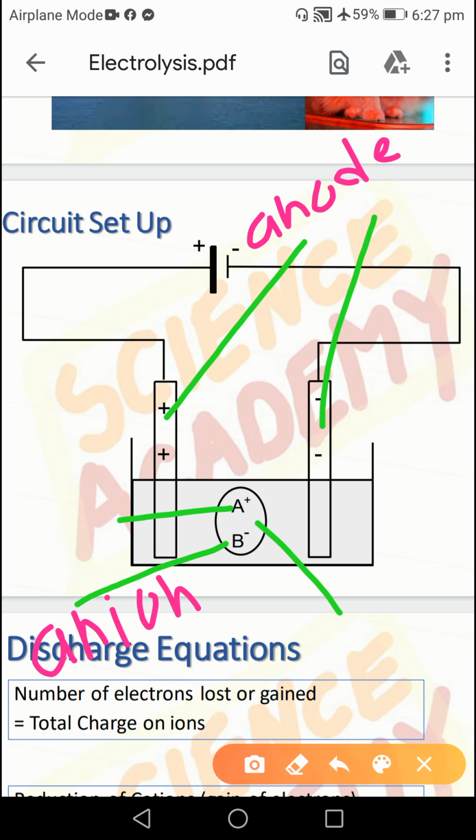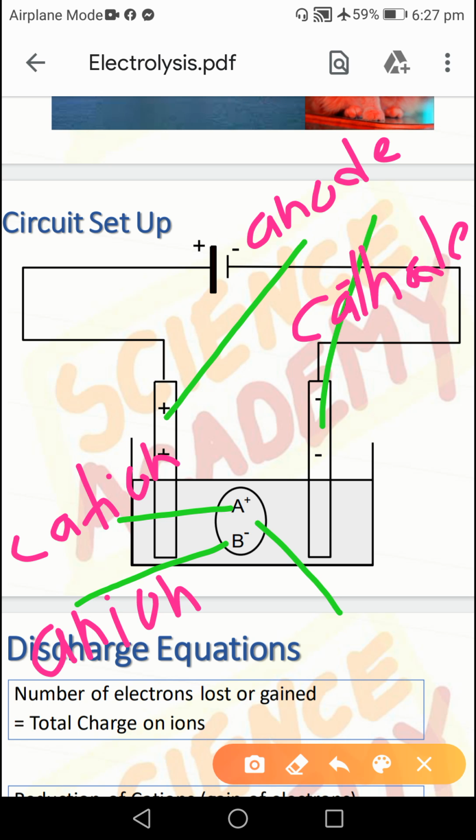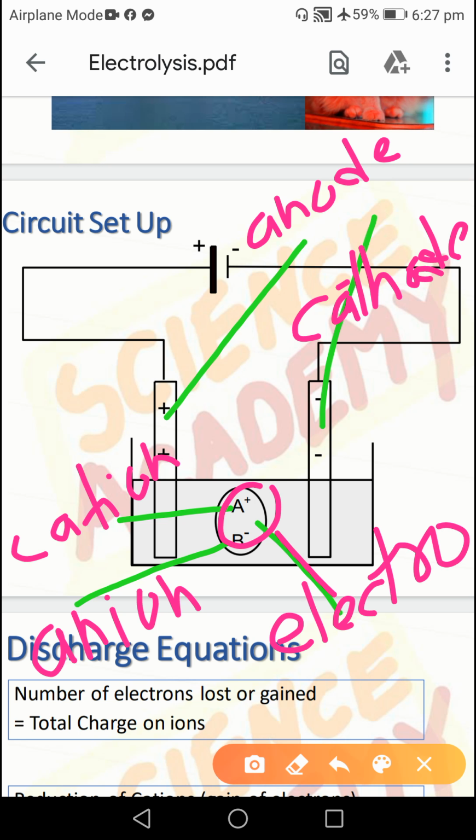B is the anion, so A is the cation. This A, the positive ion, would go to the negative electrode. So this negative electrode is the cathode. And the solution in which both A and B are remaining is known as the electrolyte.